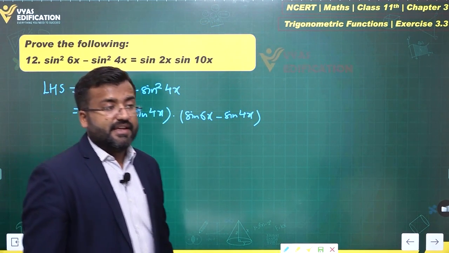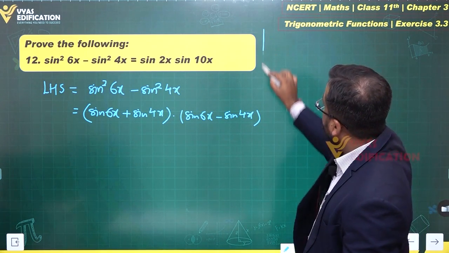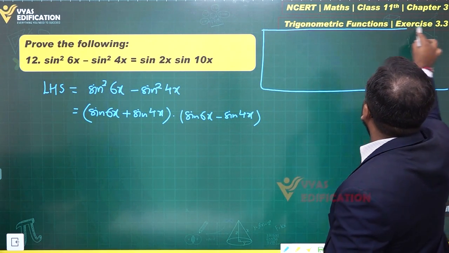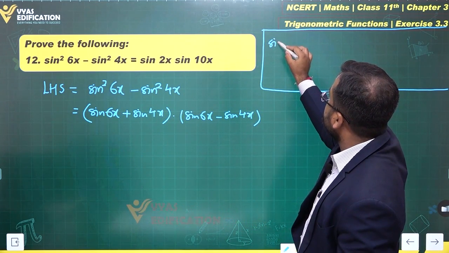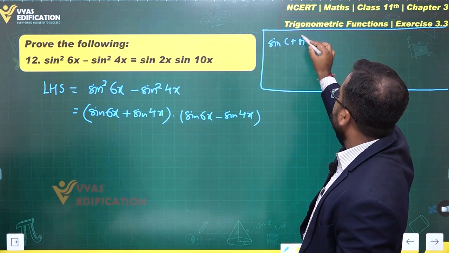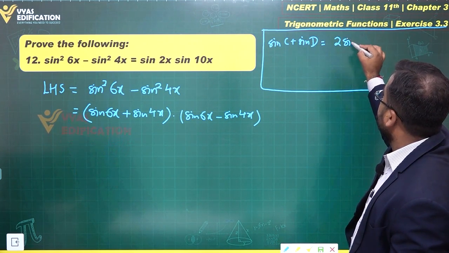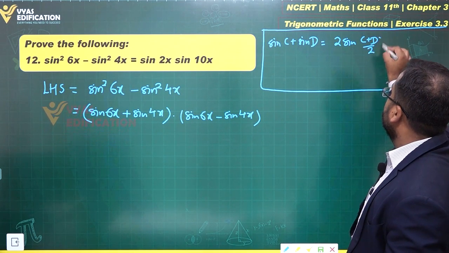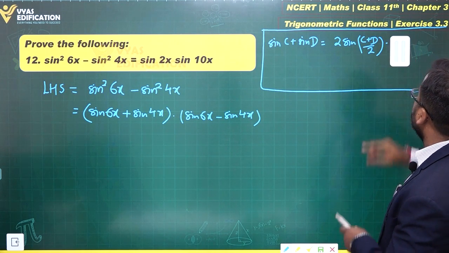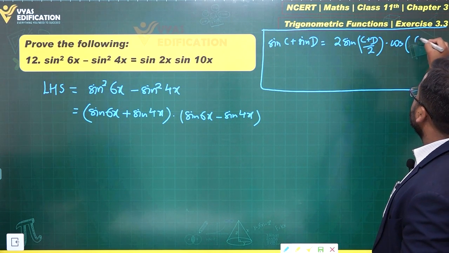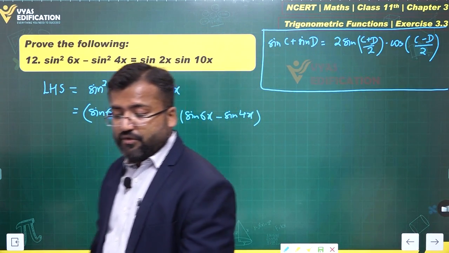What next? Next, I would like to apply some concepts of transformation. Concepts of transformation imply that I have a formula for sine C plus sine D. What is the formula for sine C plus sine D? This is equal to 2 sine C plus D by 2 cos C minus D by 2.